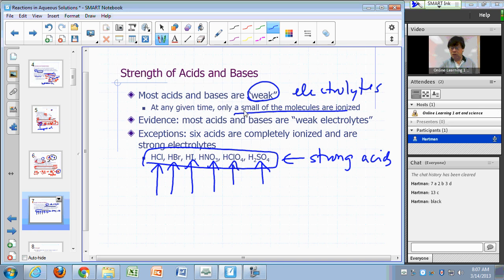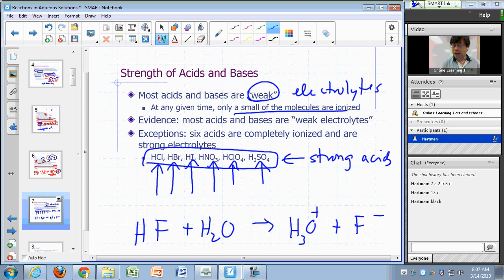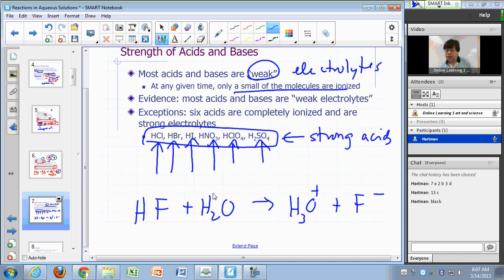So for example, if you were to write the ionization of HF in water, we did this earlier. HF plus H2O gives you H3O plus F minus. It's customary to draw a double-headed arrow here, one pointing forward, one pointing in reverse, to indicate that at any given time, most of your HF are actually intact. Only a very small fraction of these molecules have actually reacted with water.